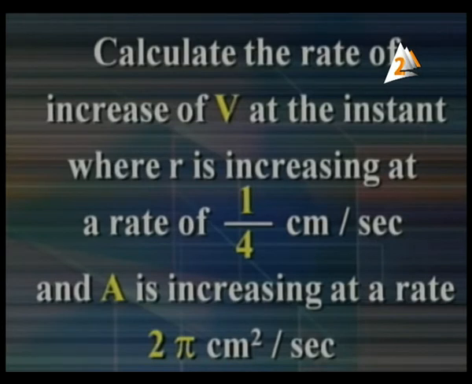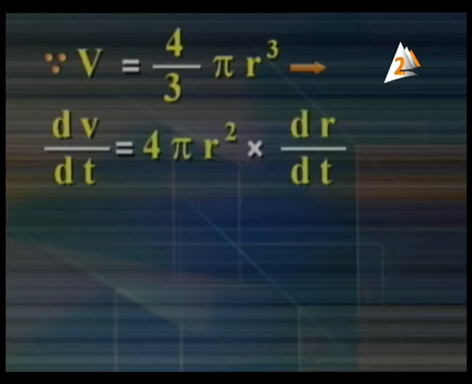Dear student, look at the solution. Since volume equals 4/3 πr³, volume of what? Volume of a sphere. Then dV/dt, we differentiate volume with respect to time t. Remember, π is constant, therefore dV/dt equals 4πr² dr/dt. This is equation number 1.